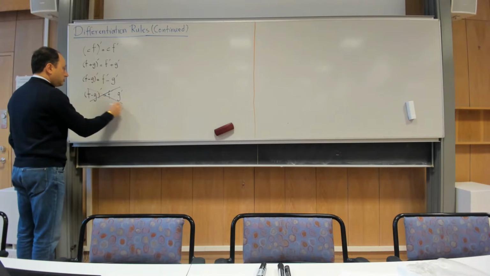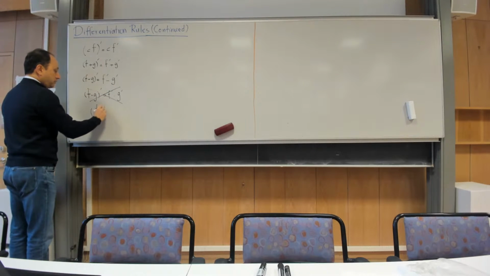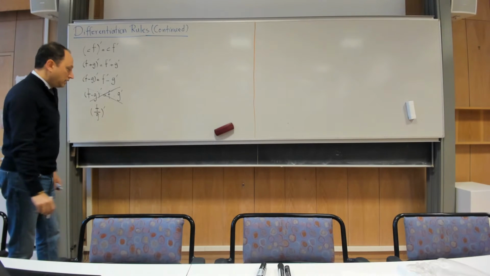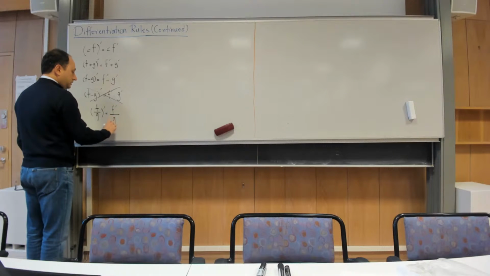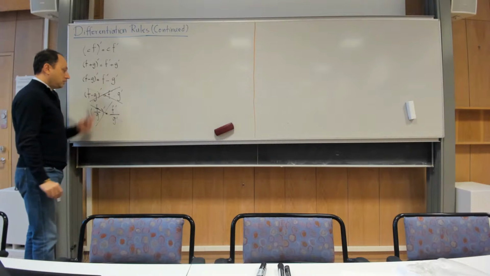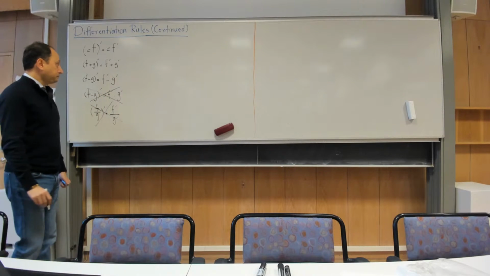That's a wrong formula. And this one is also wrong. If I have a fraction and I want to take its derivative, I'm not allowed to take the derivative of the numerator, the derivative of the denominator, and simply divide them. These two formulas are wrong. We will correct them later in this course.